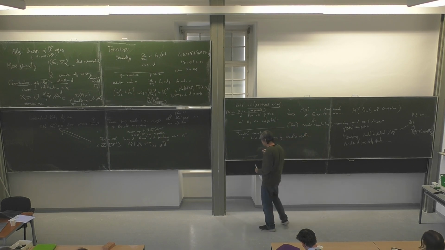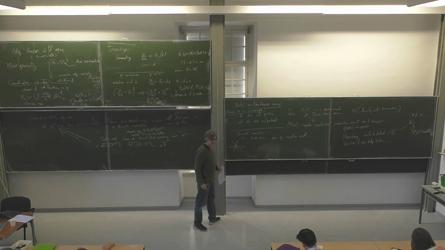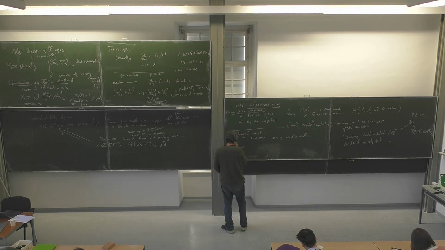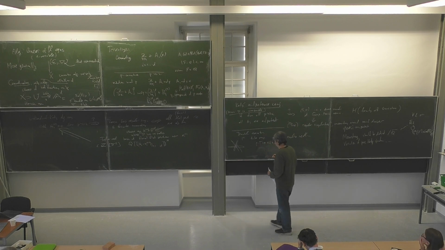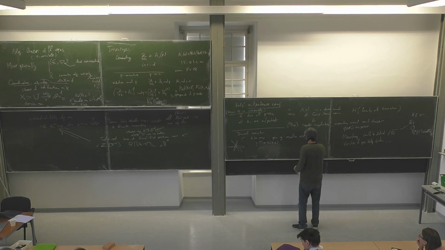You get plenty of hyperplanes when you put these reflections, and now consider some representation of the group in GL_n of C, reflections in some vector space.